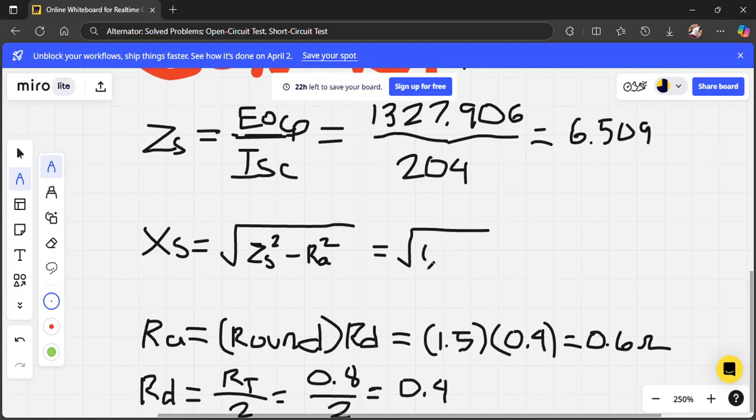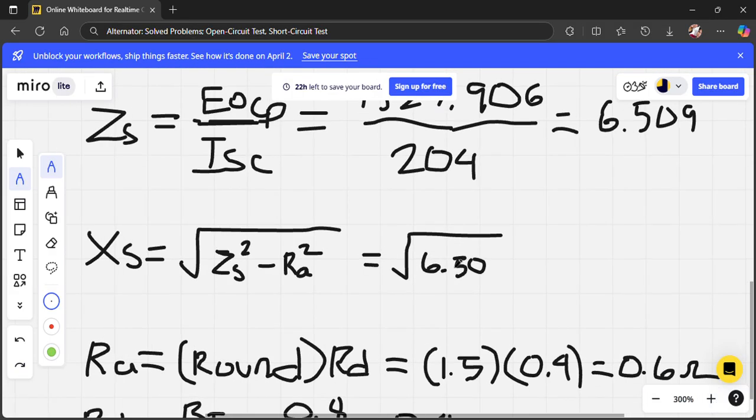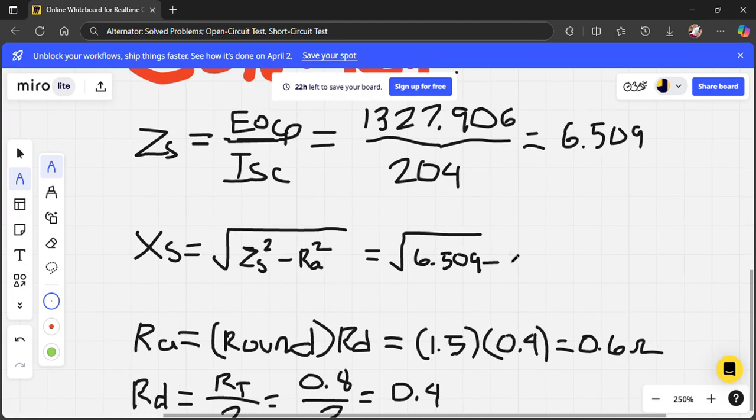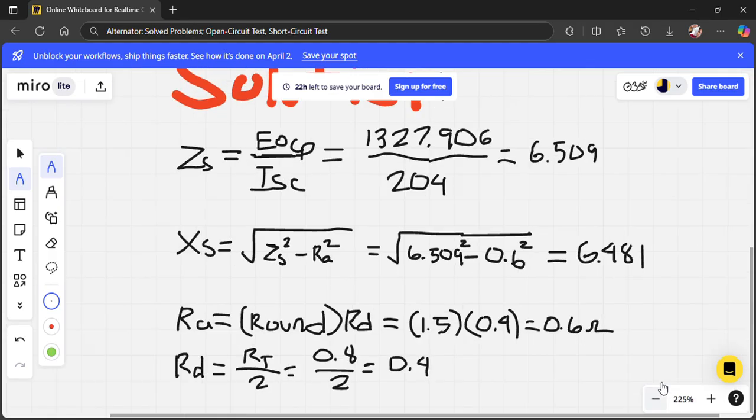So 6.509 squared minus 0.6 squared, based on our formula. Using the calculator, we will get 6.481 ohms.